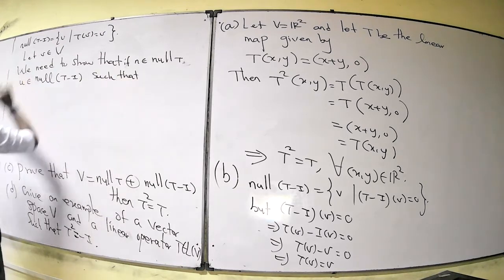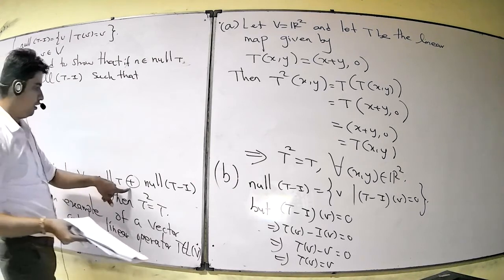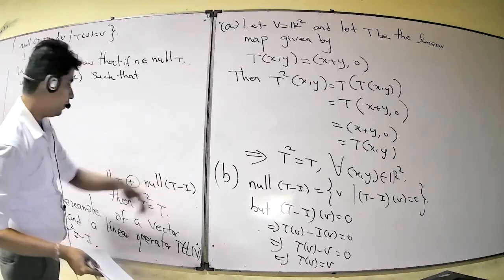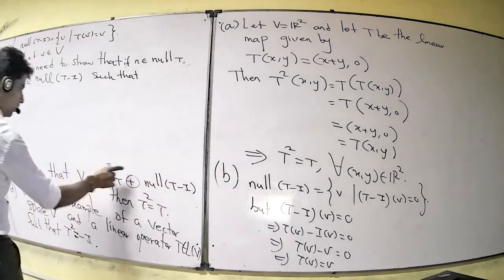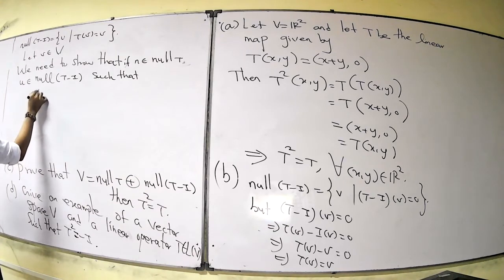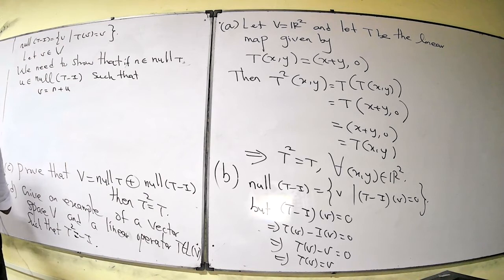Here they asked to prove that B equals the direct sum of null of T and null of T minus I. Then you want to take one element from here and one element from here, and show that b equals n plus u.